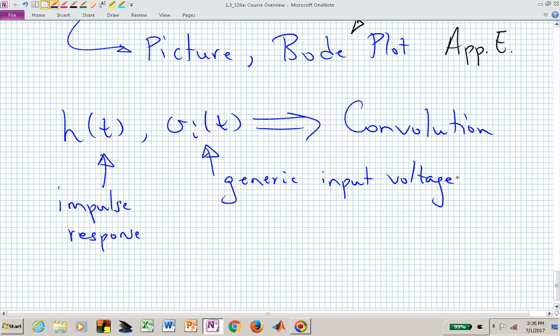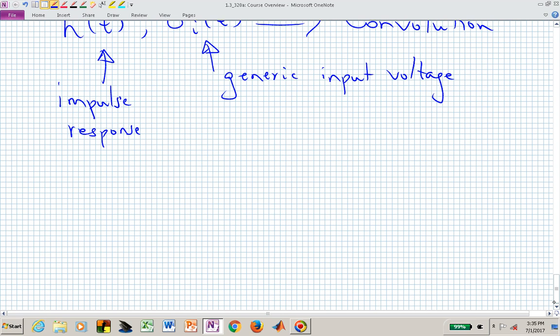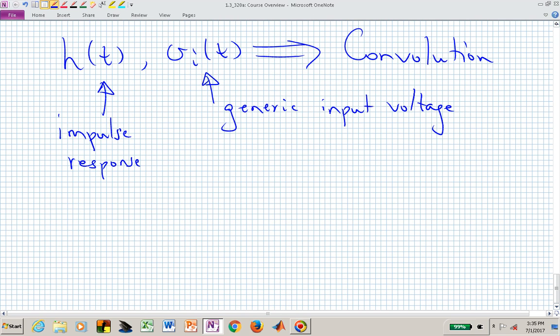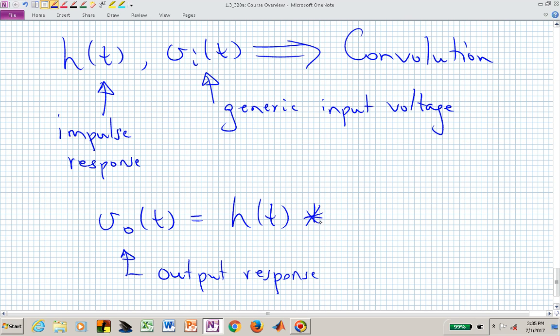The convolution integral will allow us to understand or produce what the output of that system will actually be. And we can call that the output response of a given system, which is now the convolution, for which we introduce this fancy star symbol. It's not multiplication, but this particular symbol is the convolution.